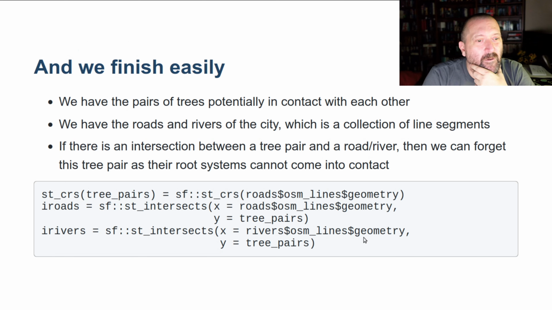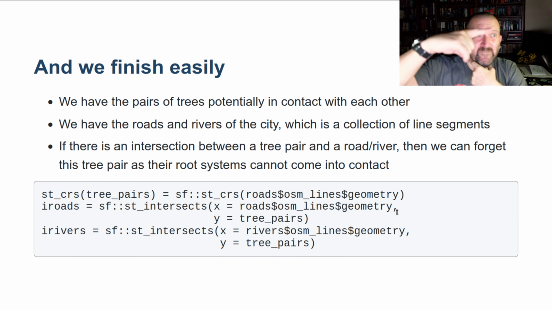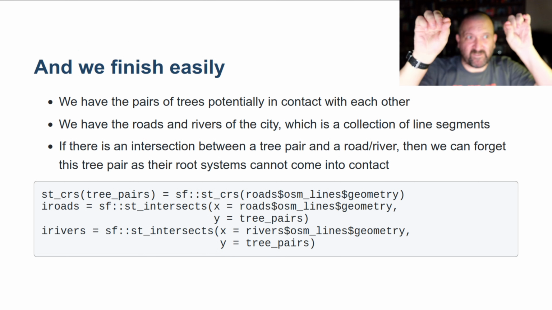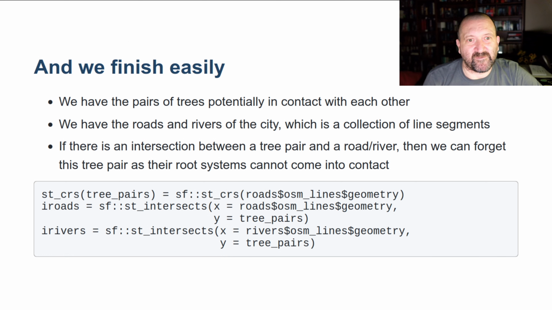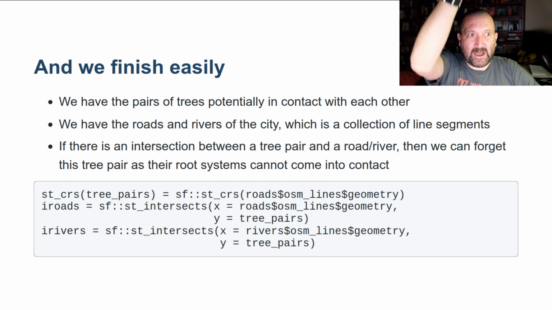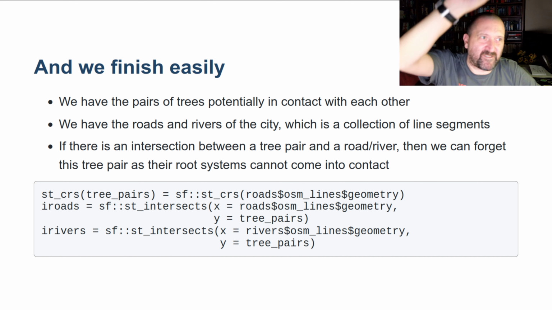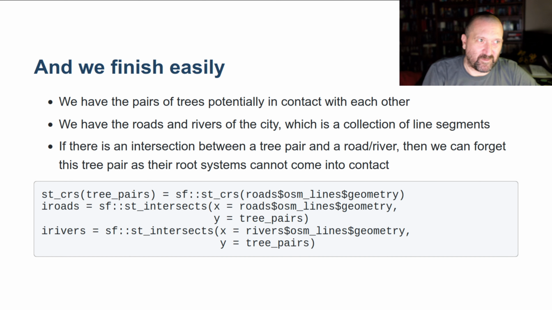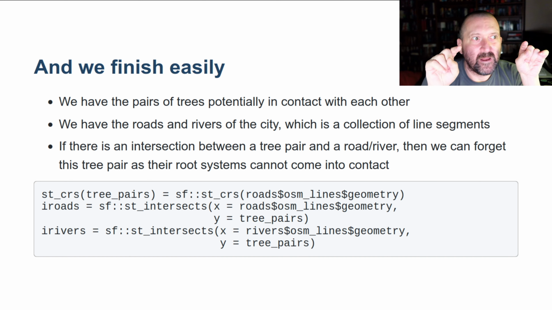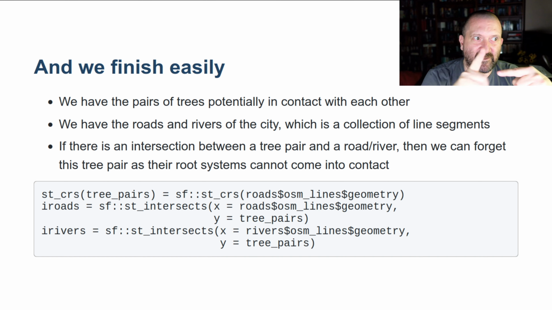And then all we need to do is we have these line segments that represent pairs of trees that are potentially in contact. And then we have the roads as lines, a series of line segments. All we need to do is check if there's an intersection between a pair of trees and a road.